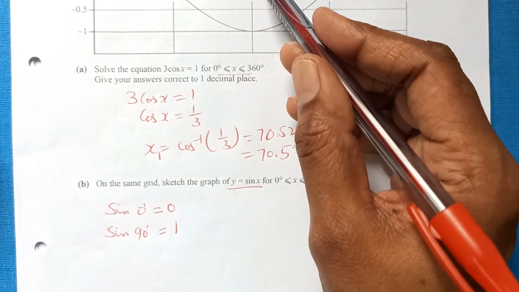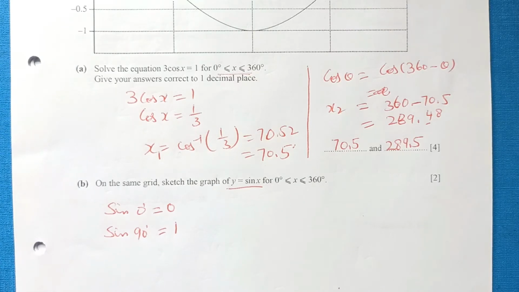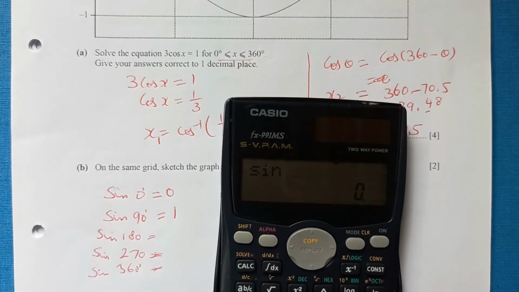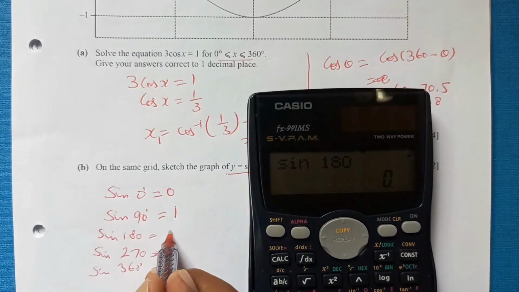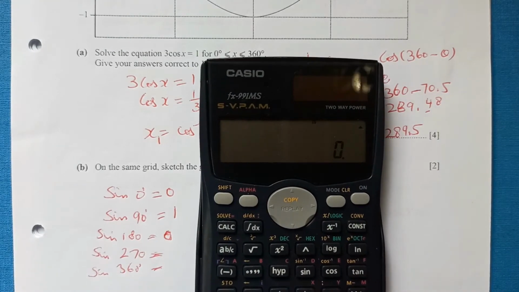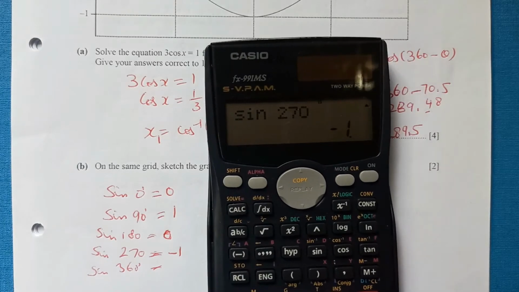Then sine 180 and sine 270. Let's find the values. Sine of 180 degrees is 0. Sine 270 is minus 1, and sine 360 is again 0.